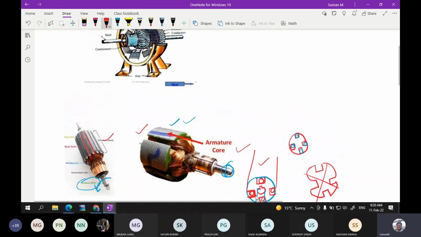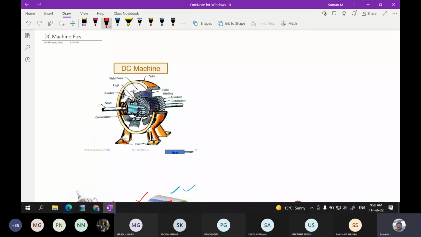Okay, so this is the complete structure of a machine. In this machine, basically two things are there: one is the stator, and the second one is the rotor. This particular part is going to rotate. This is the rotor part, and there is some part that is already fixed in the machine.